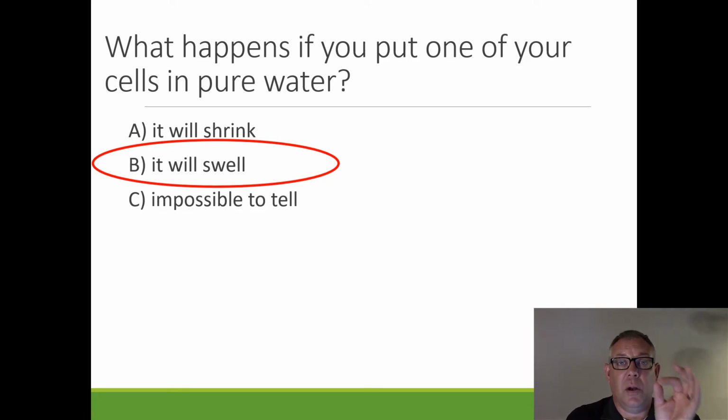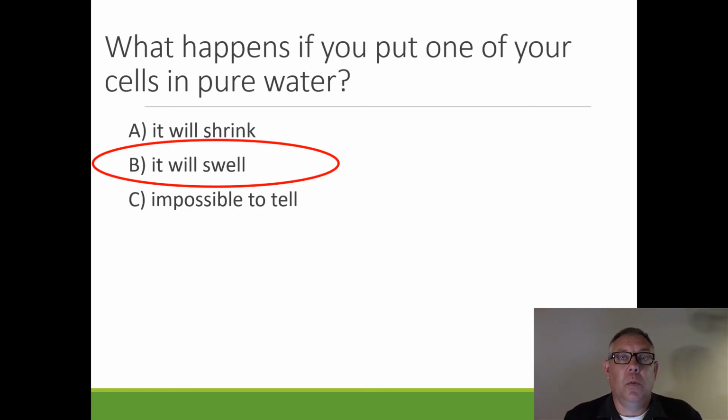This is critically important in a lot of situations. Certainly it's very important when you're in a hospital, okay? Because if your cells are in a hypotonic solution, they're going to swell. That water is going to go into your cells because of all the stuff that's dissolved in your cells. But if your cells swell up too much, they'll burst. That's a problem.